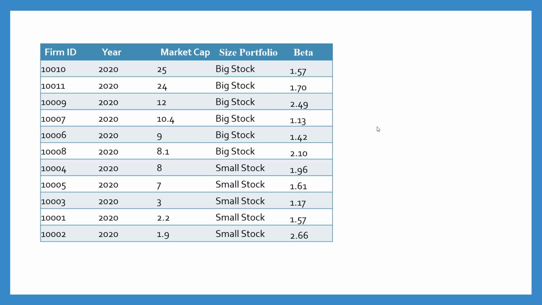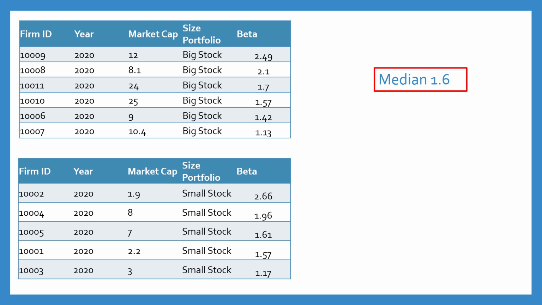But in the bivariate dependent sort, we would take the big size stocks and sort them on the basis of beta. Similarly, we would go for the small stocks and sort them on the basis of beta.